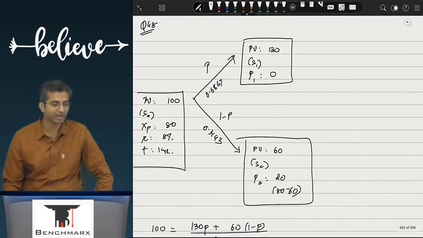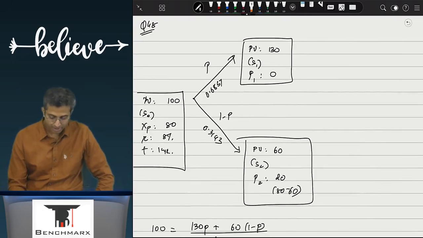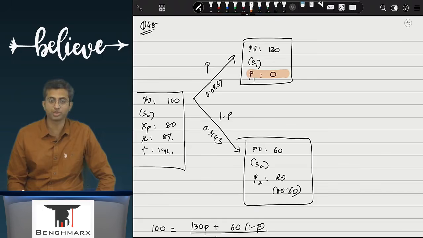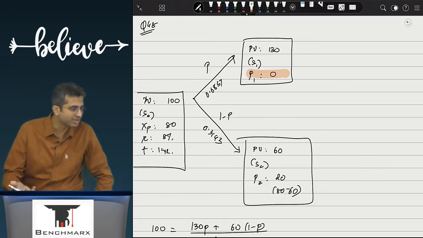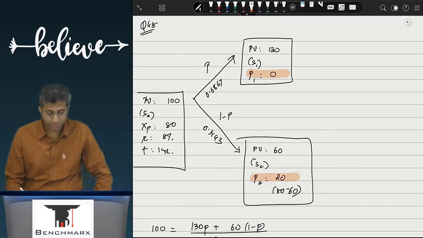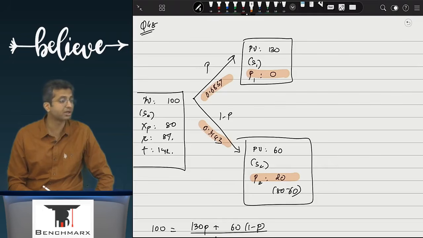How will you find the value of the put option? Probability based weighted average. We are saying that there are two possibilities. The put option can give me a 0 value. Abandonment option can be worthless. Or the abandonment option can give me a 20 value. The possibilities of each of these events happening are both of these.